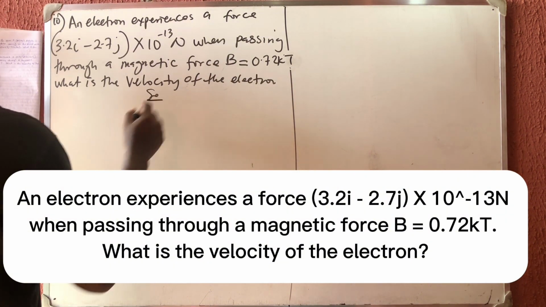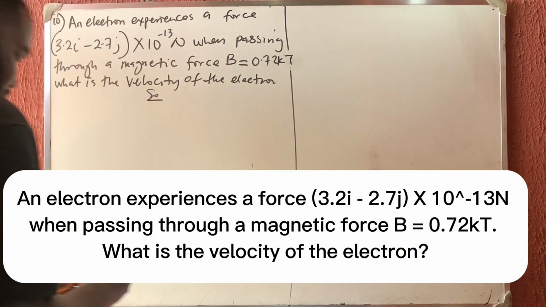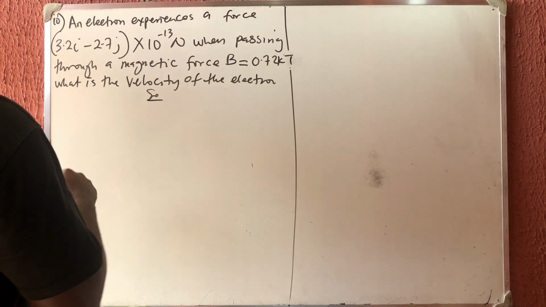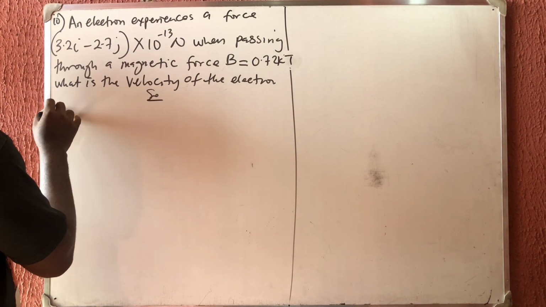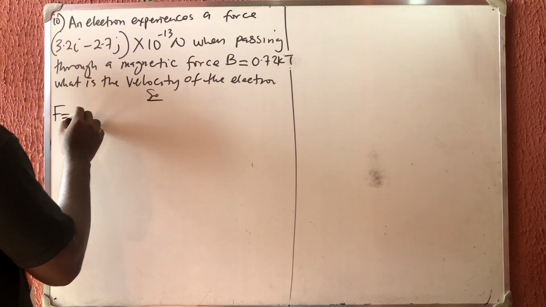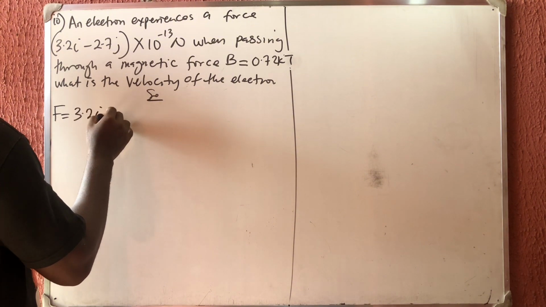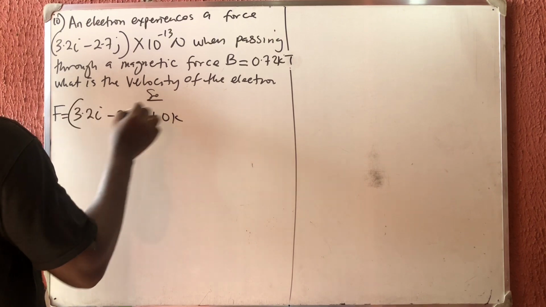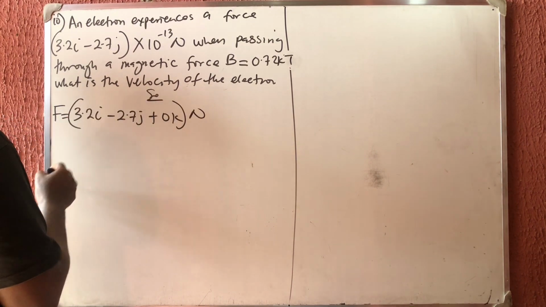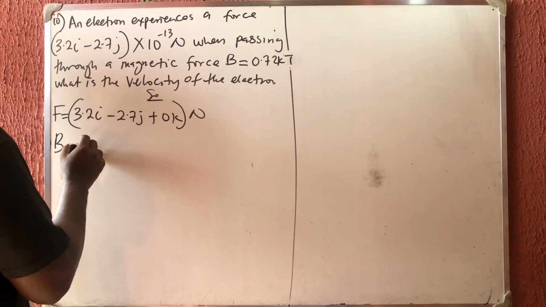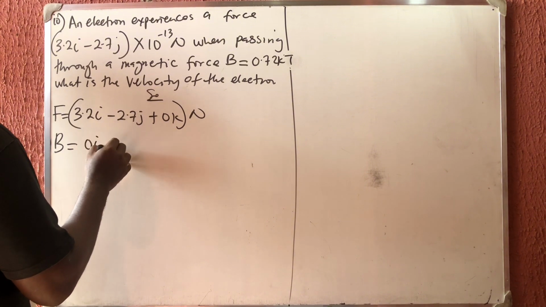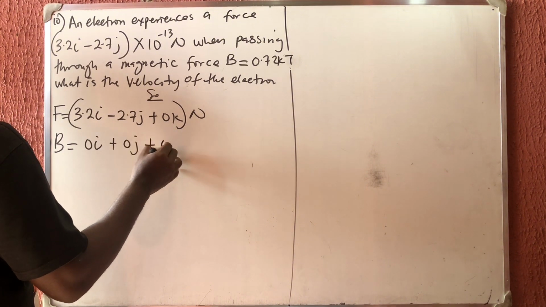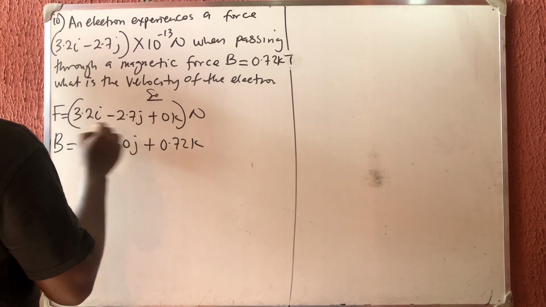Okay, solution. Now, solving this, let's bring out our parameters again. They gave us our force, our F, which is 3.2i minus 2.7j plus 0k. You have to make it complete. All in Newton. They gave us our B, which is 0i plus 0j, then plus 0.72k.